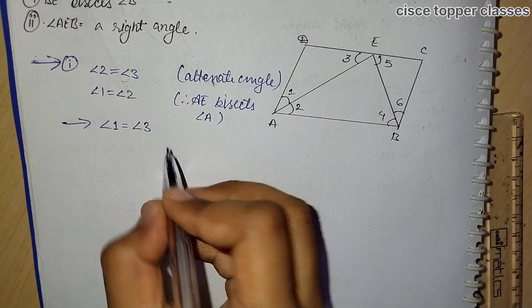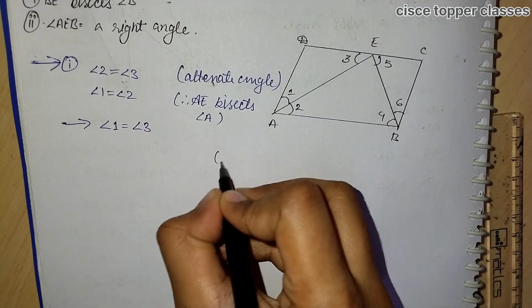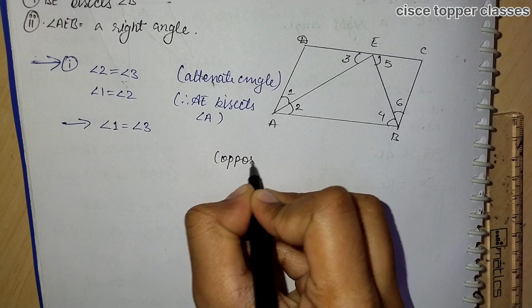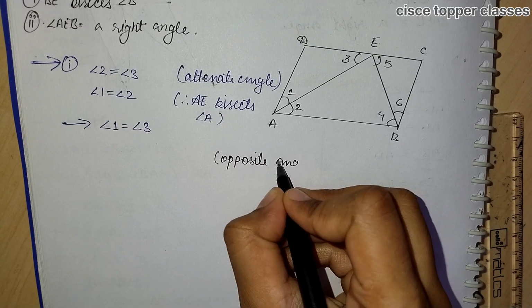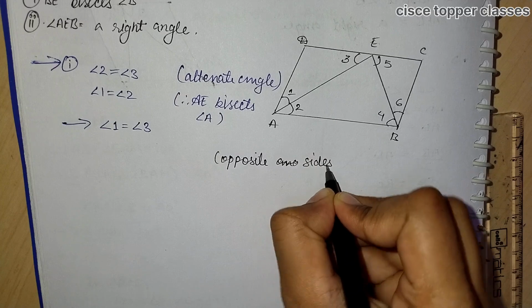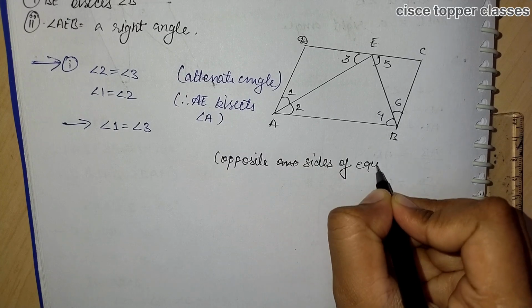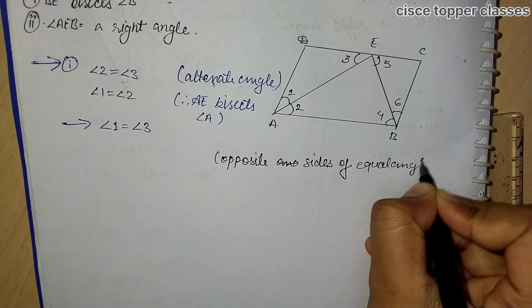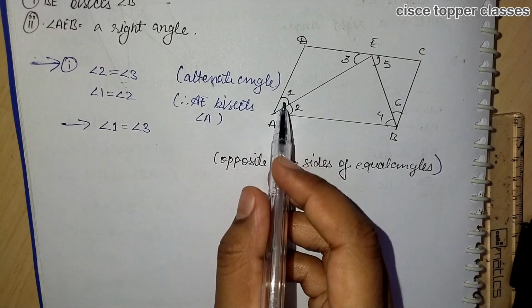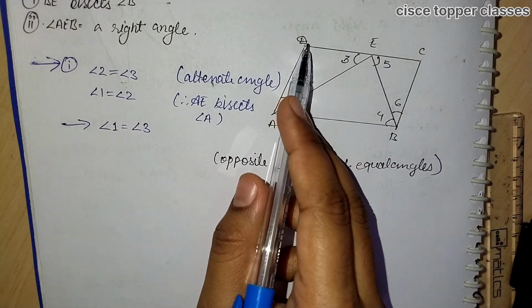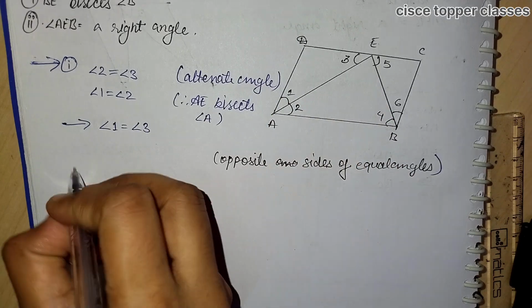And if angle 1 is equal to angle 3, opposite sides of equal angles are equal. So as angle 1 is equal to angle 3, we can write DE is equal to AD.